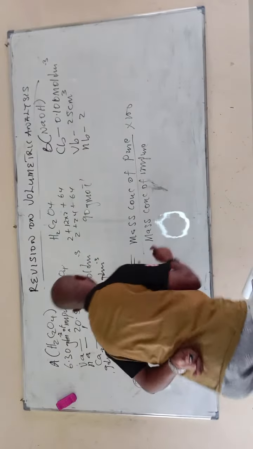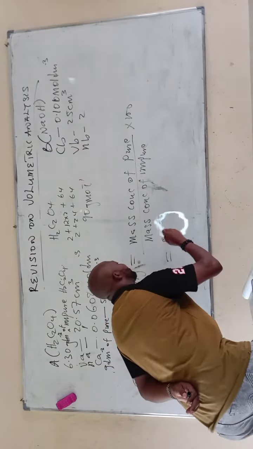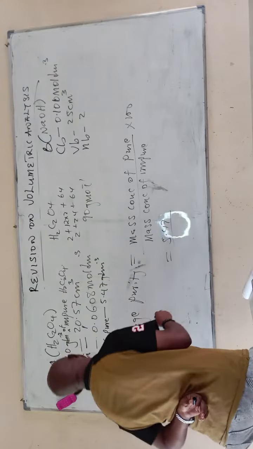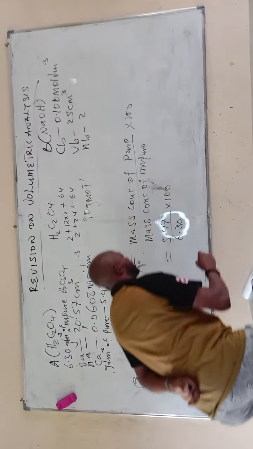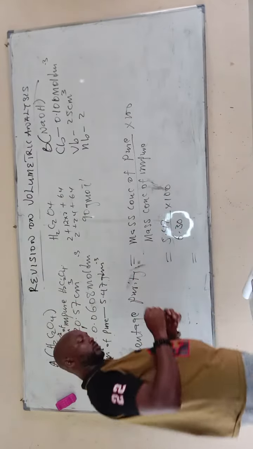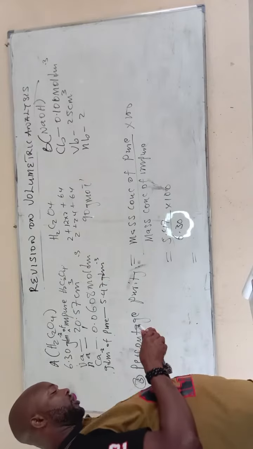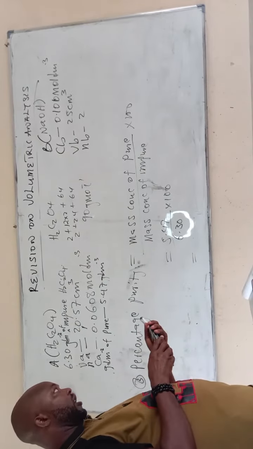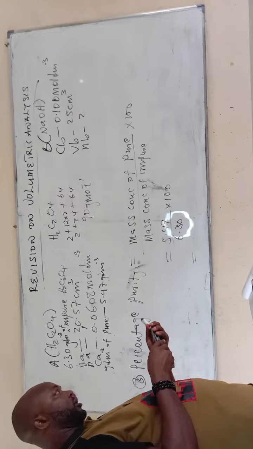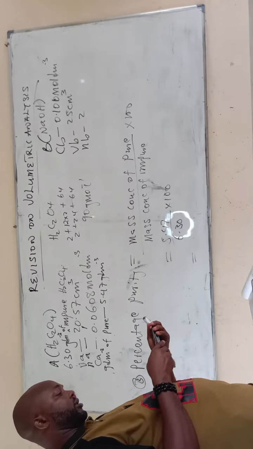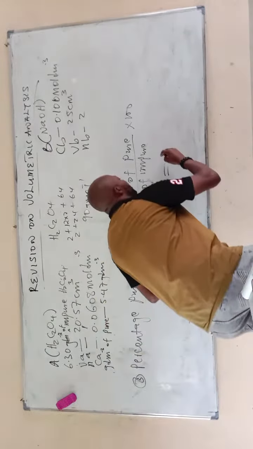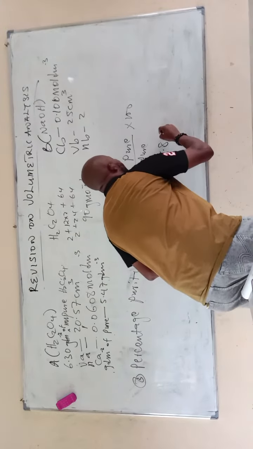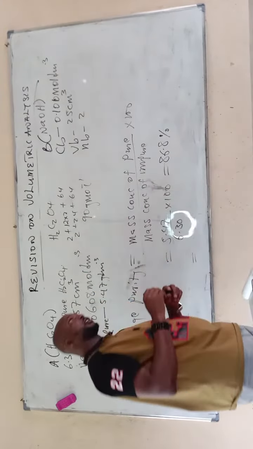Pure is 5.47, impure is 6.30, times 100. 5.47 divided by 6.3 times 100. It is 86.8% pure. So it's very, very pure.